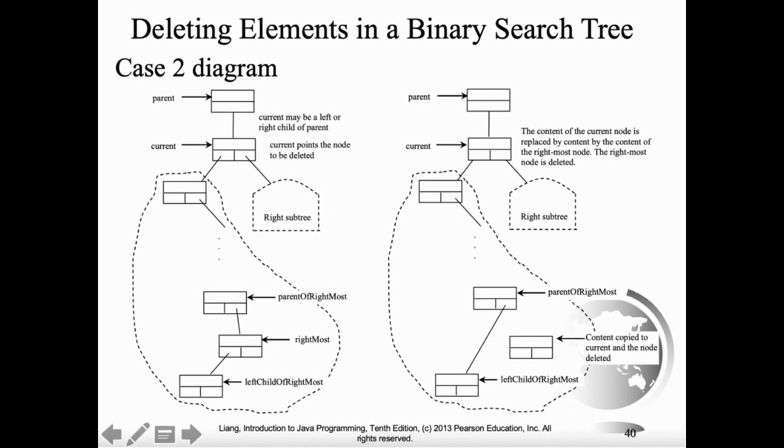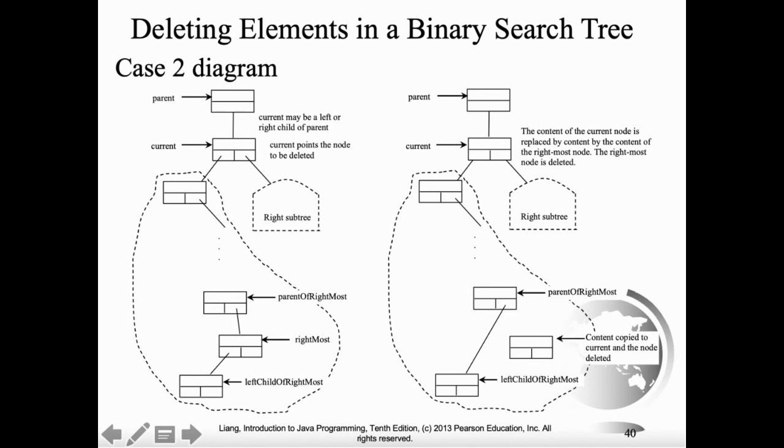So as you can see, the parent of the rightmost dot right is going to become equal to the rightmost dot left. So that way we're basically covering this, and then we're going to get the most right and put it on the top of there.